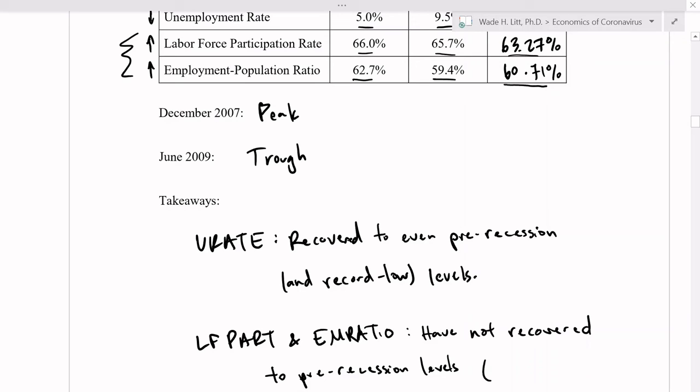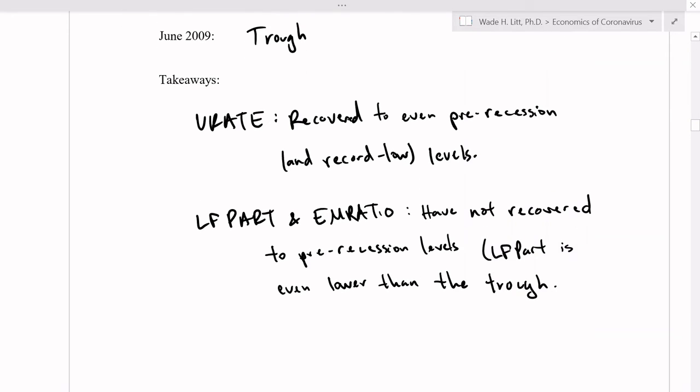Okay, and then the labor force participation rate is even lower than the trough. Okay, so those are the numbers.